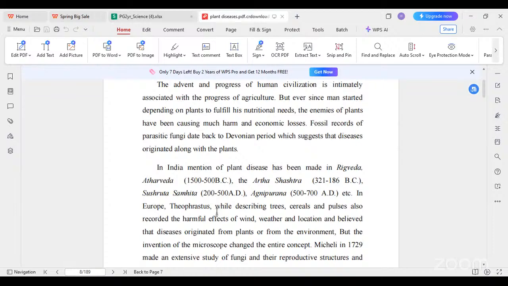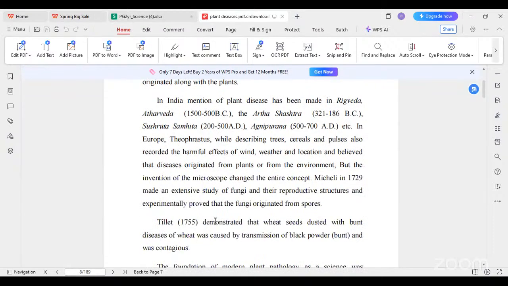In India, mention of plant disease has been made in the Rigveda, 1500 to 500 BC, the Arthashastra, 321 to 186 BC, the Sushruta Samhita, 200 to 500, and the Agni Purana, 500 to 700 AD, etc.